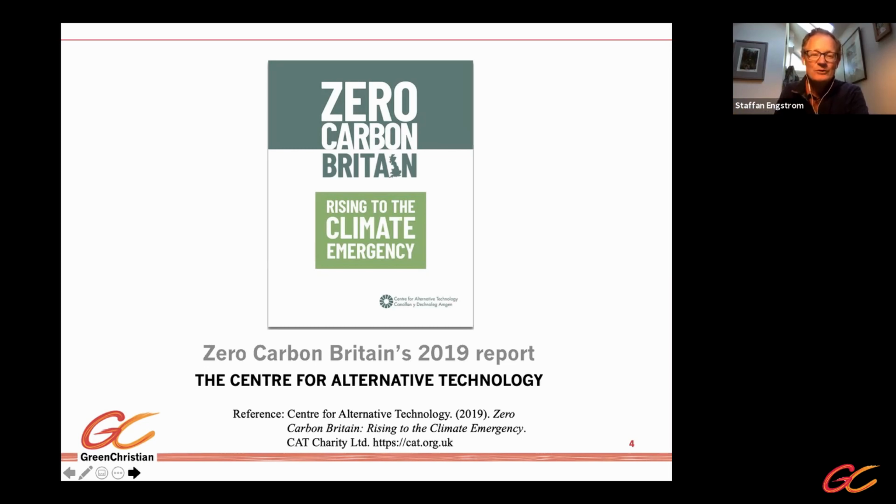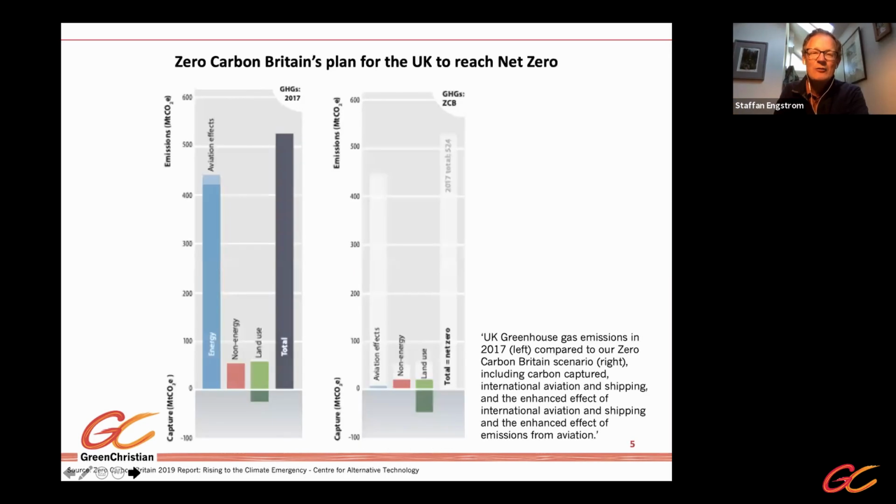An excellent report, but I want to take you through the core elements of that report. First key phase to understand is that they have an energy focus. So the black bar, on the left-hand side, is the total CO2 created by the UK, which is 1% of the world's greenhouse gas emissions.